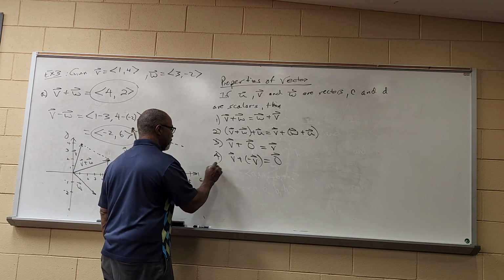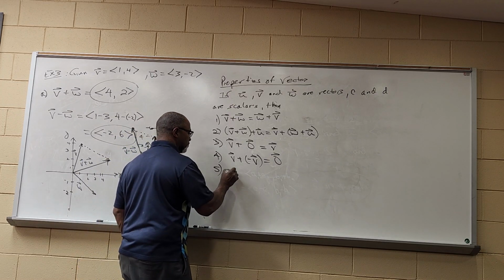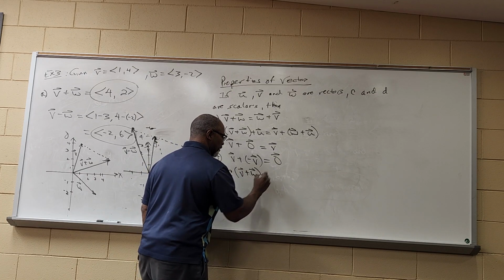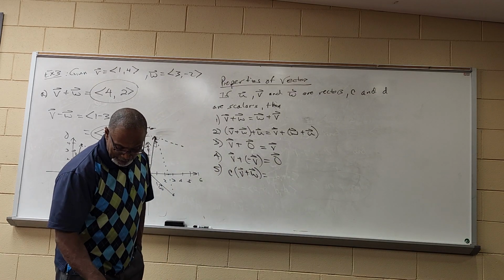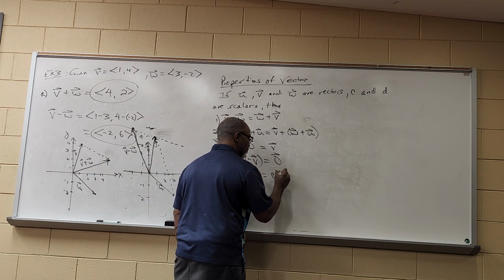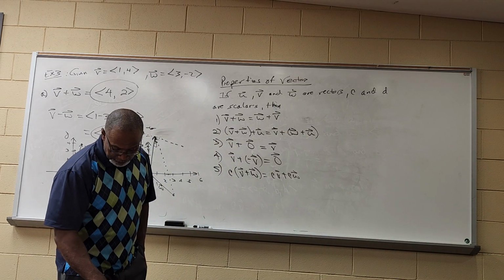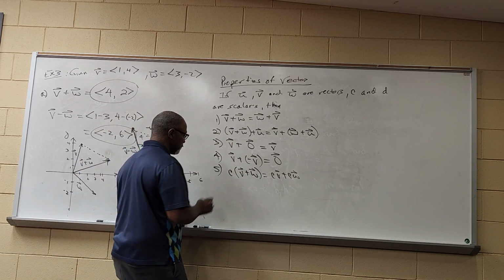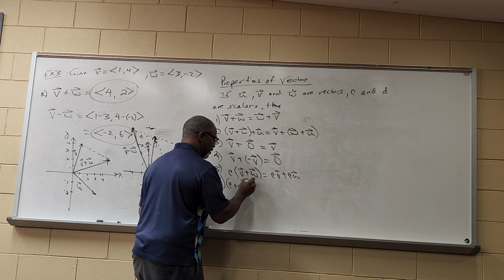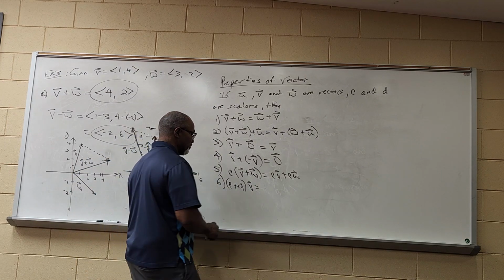Number five, they say that C times V plus W, a scalar times vector V plus vector W, is the same thing as CV plus CW. Number six, C plus D times V. If I add two scalars, multiplied by a vector, that's the same thing as CV plus DV.